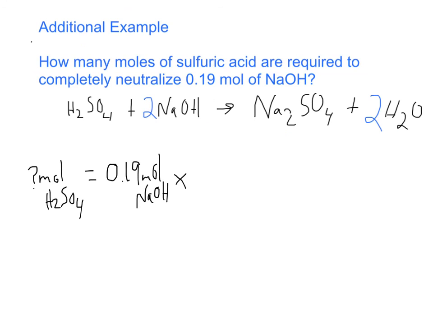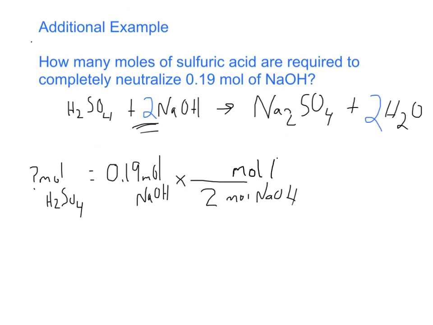Of course, we need to set up our equivalents. At the bottom we need moles of NaOH, which is 2 moles of NaOH, coming from the chemical equation. That's that number right there. Then at the top, we need moles of H2SO4, which we know to be 1 mole of H2SO4, again coming from the chemical equation. There's no number written there, so we know it's a 1.